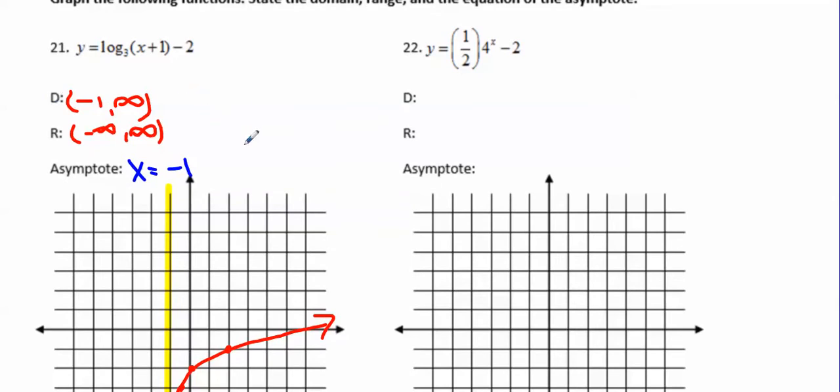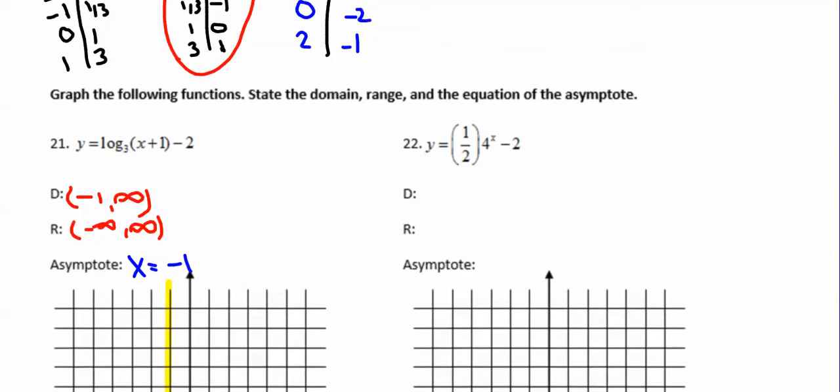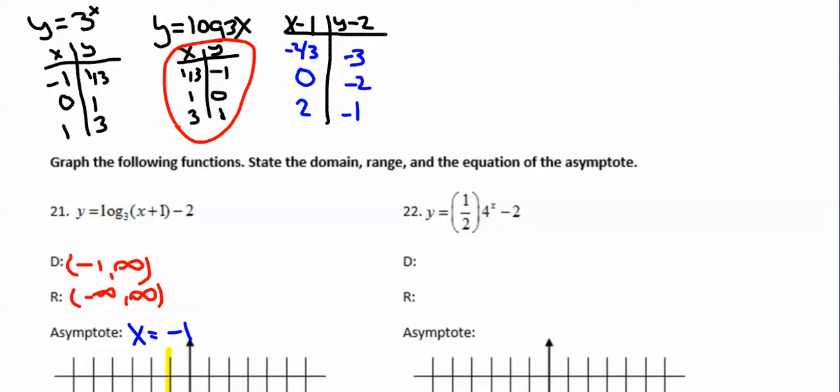Let's make a table of values for my exponential function. Table of values for y equals, so my base is 1/2, sorry, my base is not 1/2, my base is 4.